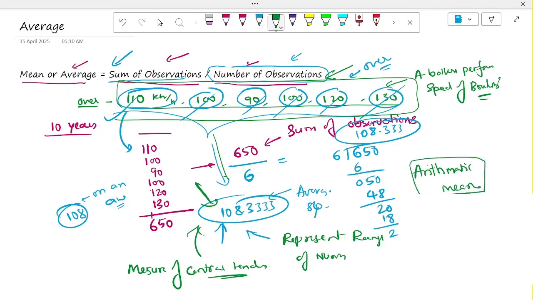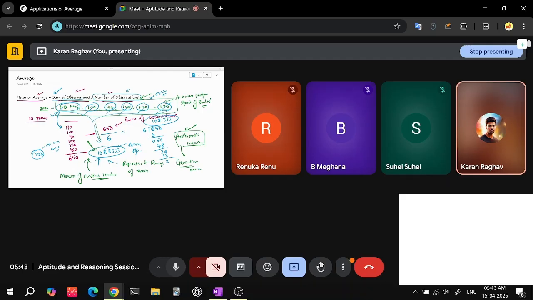There are many other means, but this is one of them. You will have the geometric mean, which you will learn a bit later. But as of now, understand that average is used for representing a range of values, and it is very simple to calculate also. I hope this was very clear to you.